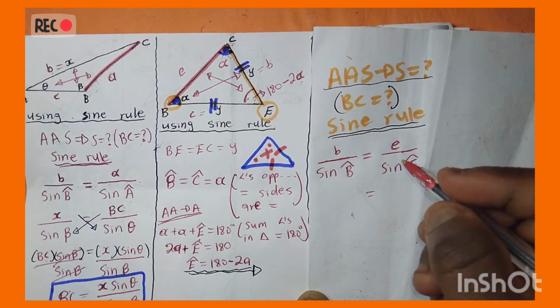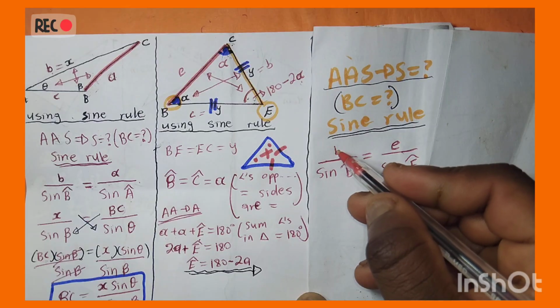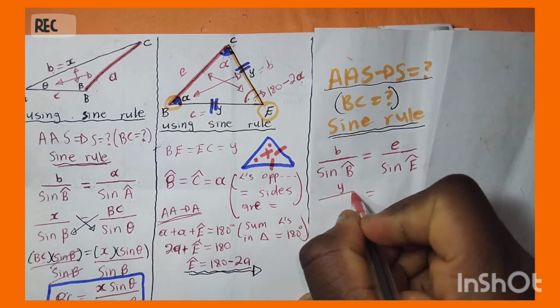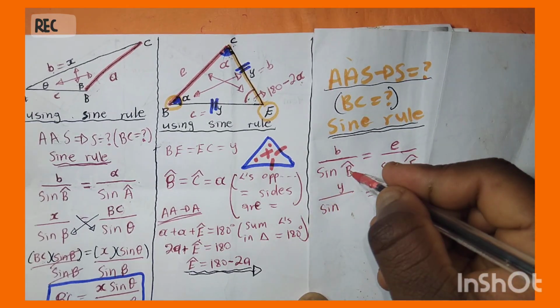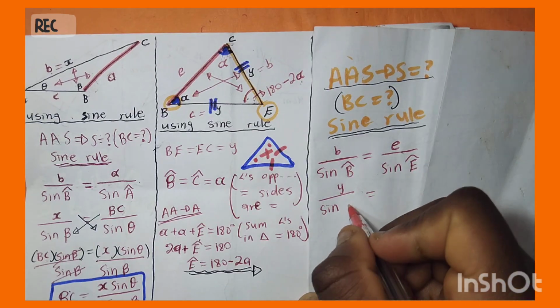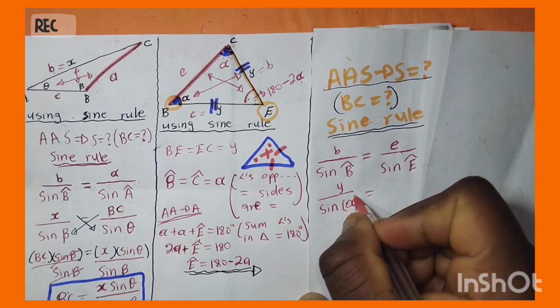Now just substitute: it will be y over sine of big B, that big B, guys, it is this one.